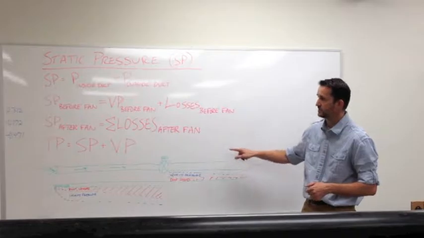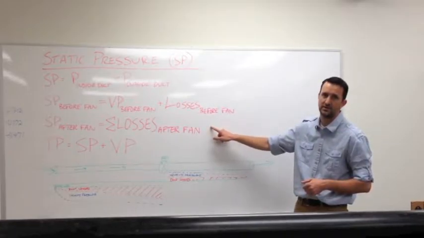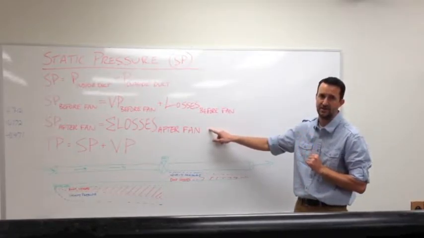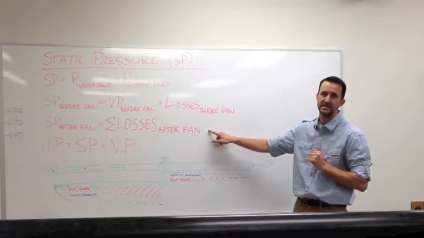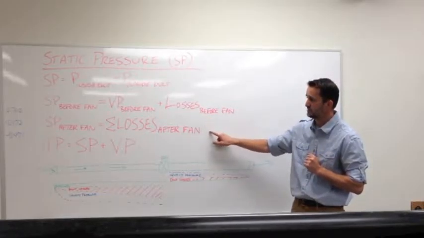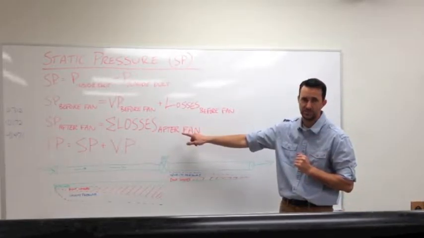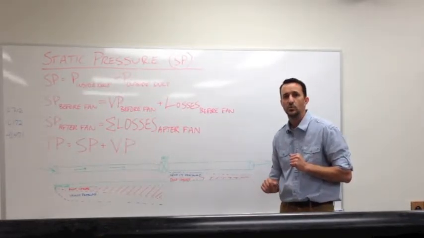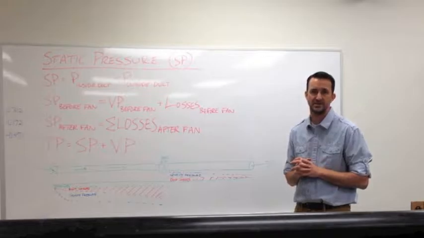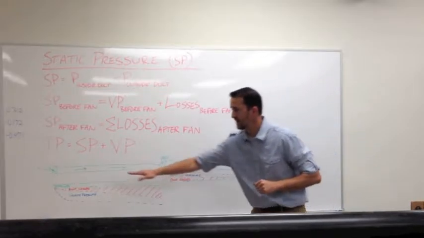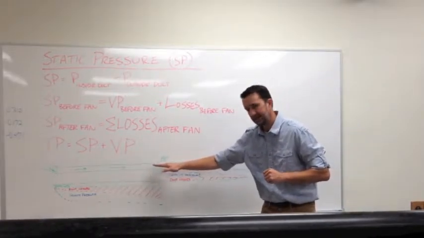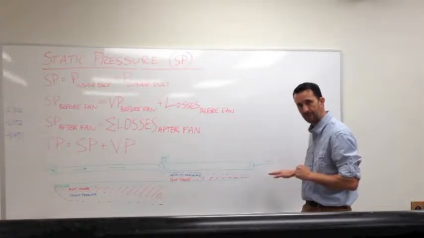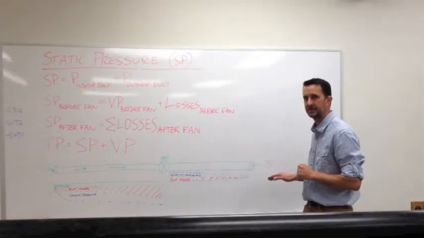Now note that there's not velocity pressure in here on the back side of the fan. The reason is, if we added velocity pressure plus losses, like we did for the static pressure before the fan, we would be double counting the velocity pressure. Okay? Once the air gets moving by the fan, it keeps moving, and so the fan didn't have to make it move again.